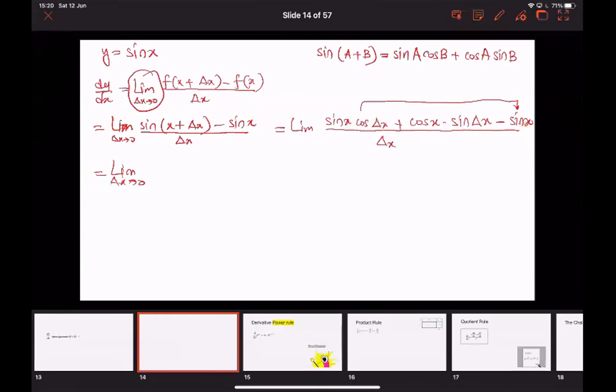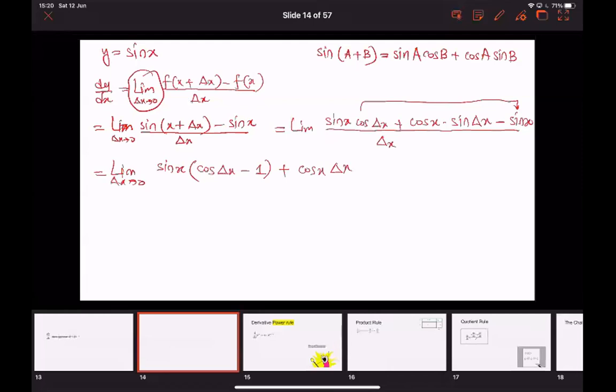By the way, the terms are separated by plus or minus sign. We have sine x here, and we also have sine x here at the end. So let me take out the sine x as a common quantity from these two terms. I'm left with cos delta x minus 1, and plus cos x sine delta x.